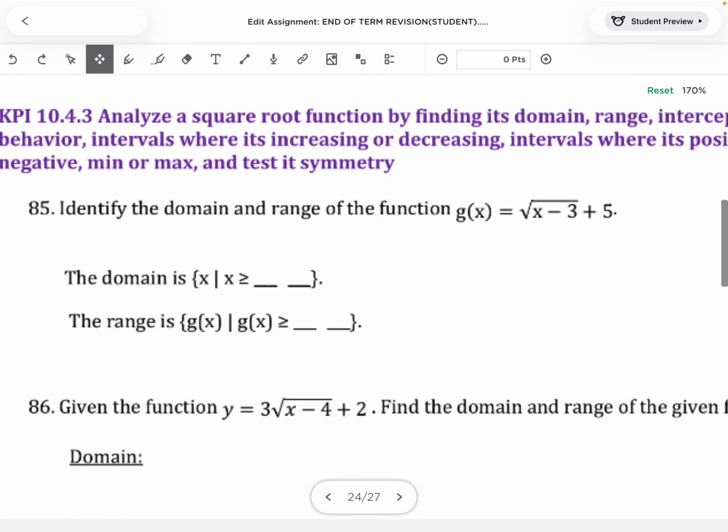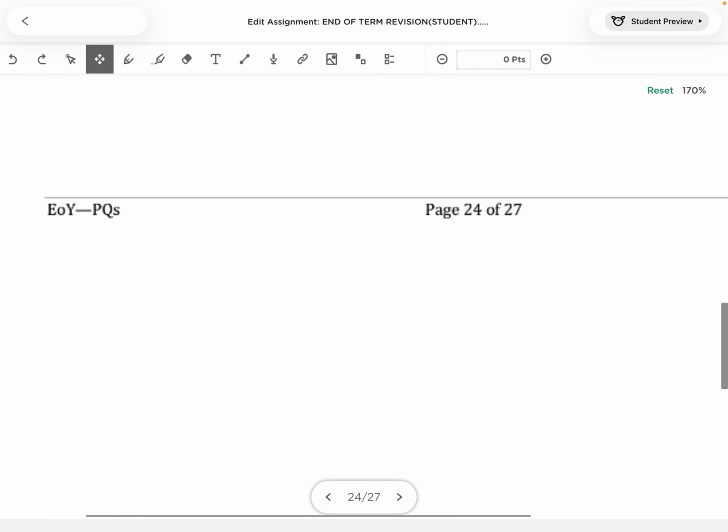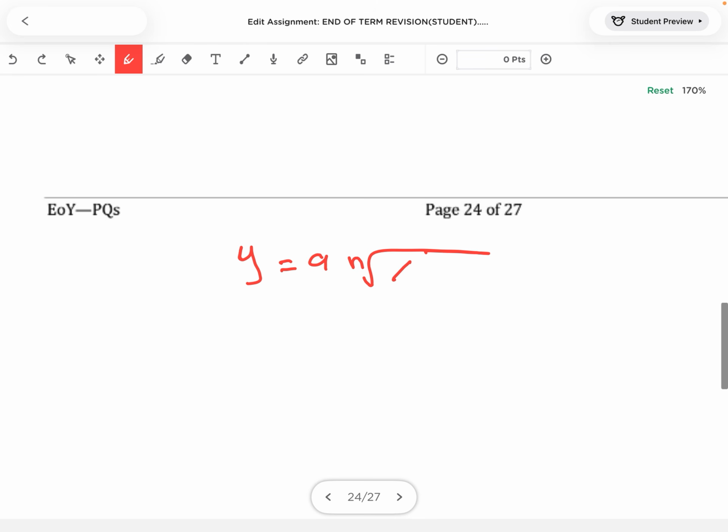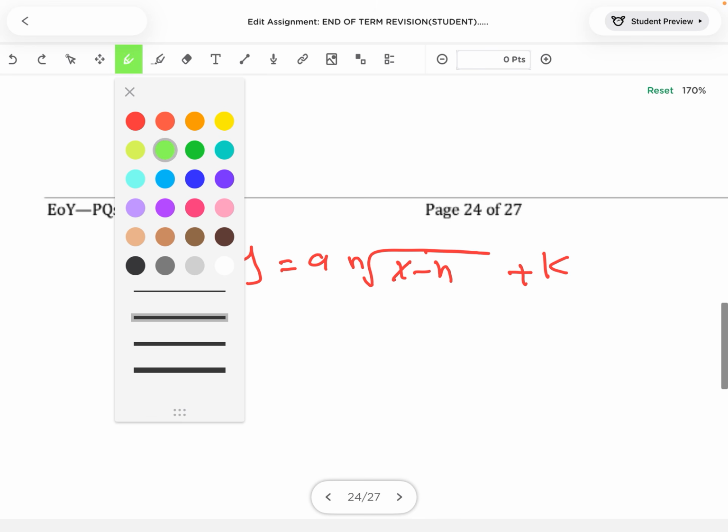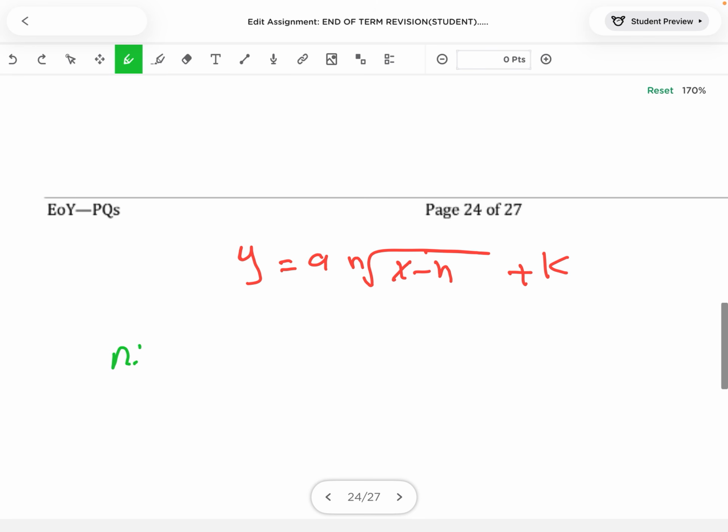Okay, polynomial function. Radical, sorry. In the radical we agree the standard form is a times the nth root of (x minus h) plus k, and it depends on n, if n is odd or n is even.